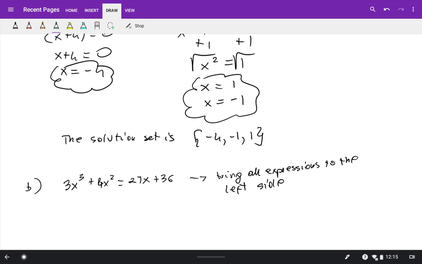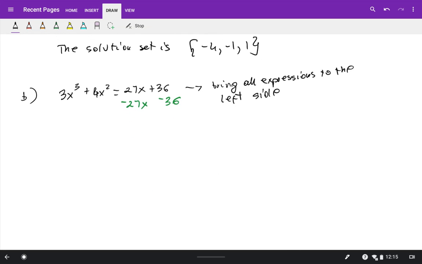So you see 27x, you will subtract 27x from both sides. That positive 36, you have to move to the other side. So we have 3x cubed + 4x squared - 27x - 36 = 0.